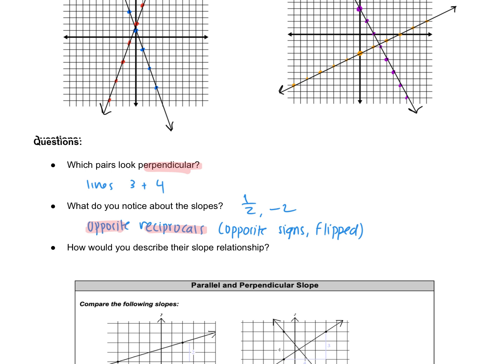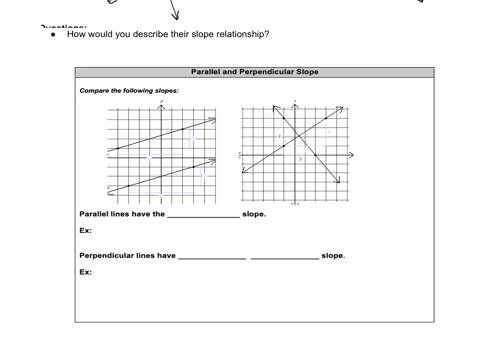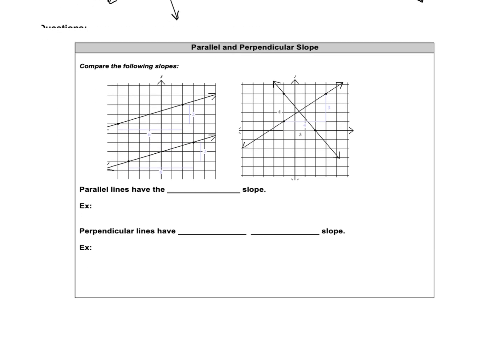Okay, so let's now fill in this box. The big thing I need us to get out of today: parallel lines have the same slope. Perpendicular lines have opposite reciprocal slopes.